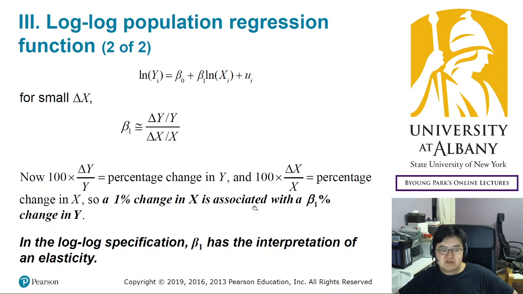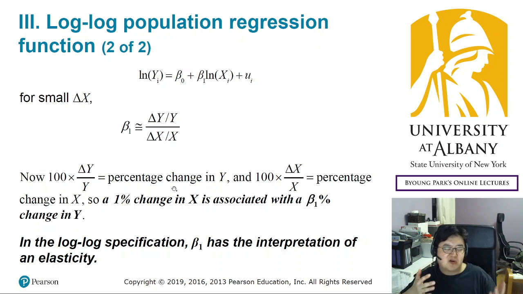So the log specification has the simplest interpretation, and this percent by percent change is the definition of elasticity, like demand elasticity of price or supply elasticity of price. I hope you remember what it means.